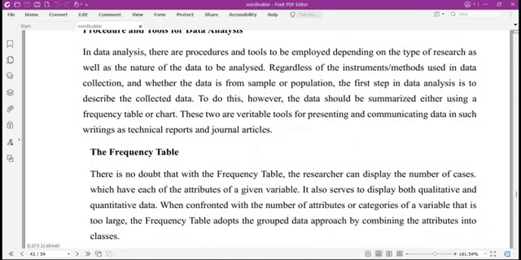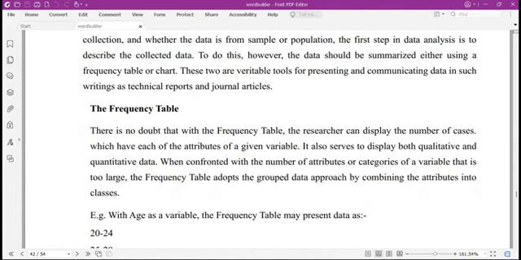So the frequency table, there is no doubt that with the frequency table, the researcher can display the number of cases which have each of the attributes of a given variable. It also serves to display both qualitative and quantitative data. When confronted with the number of attributes or categories of a variable that is too large, the frequency table adopts the grouped data approach by combining the attributes into classes.